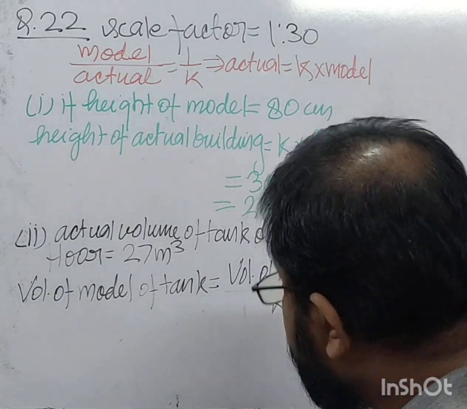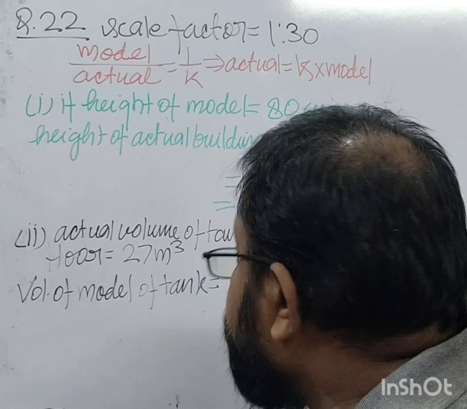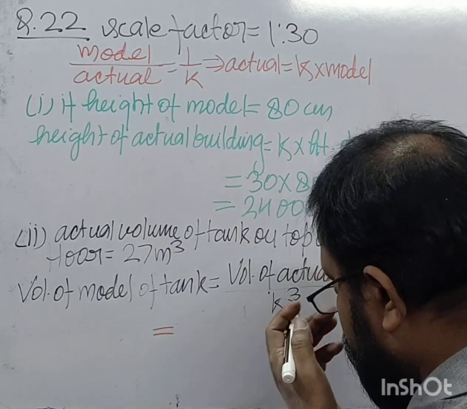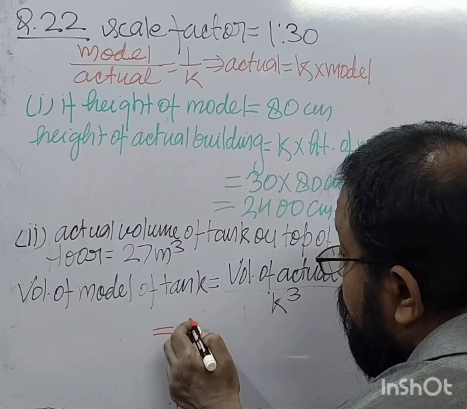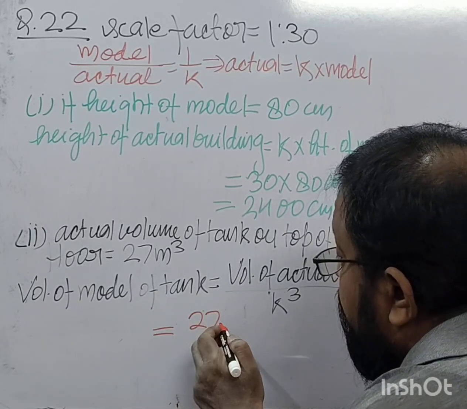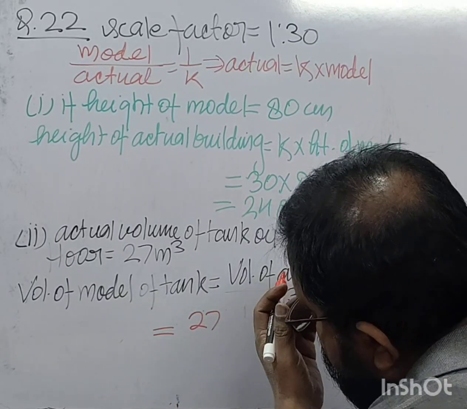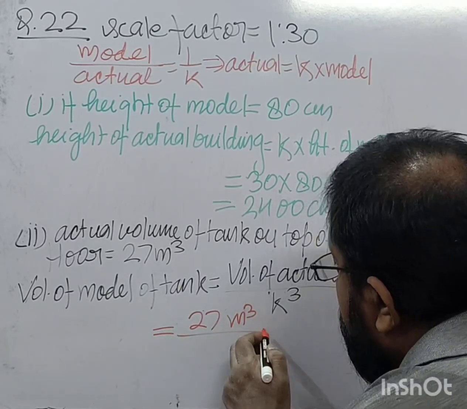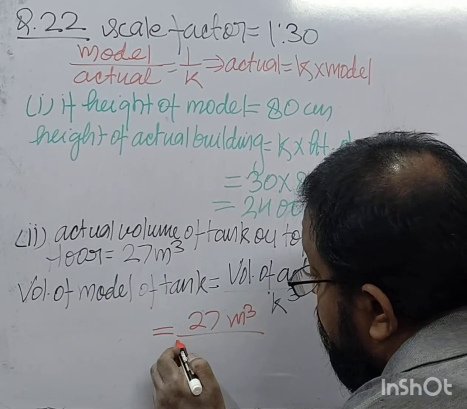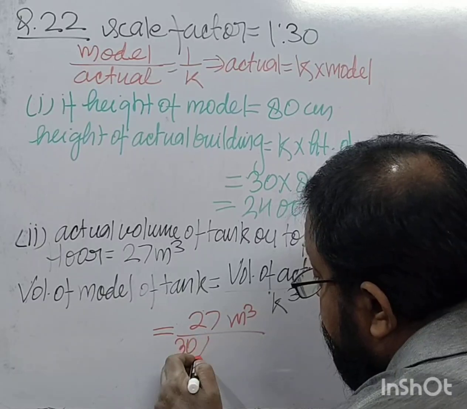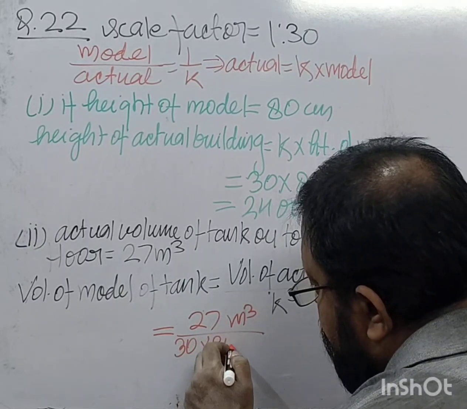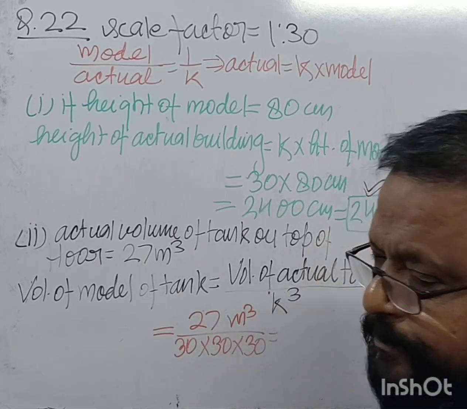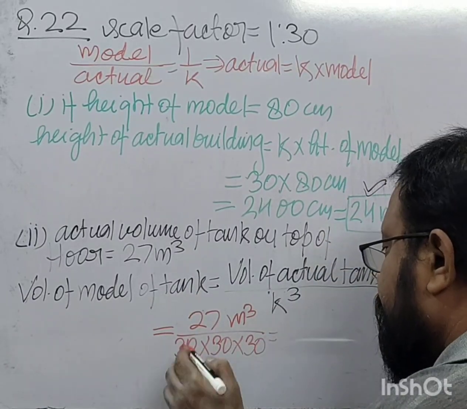So it is how much? 27 meter cube upon 30 into 30 into 30, right?